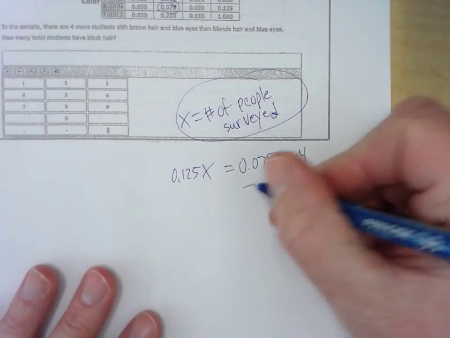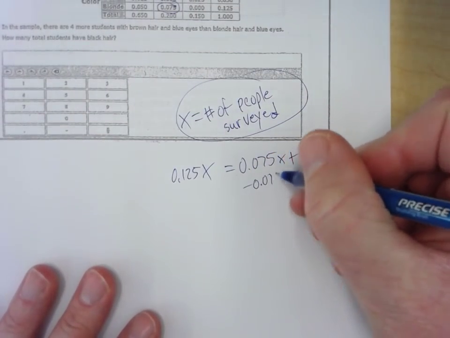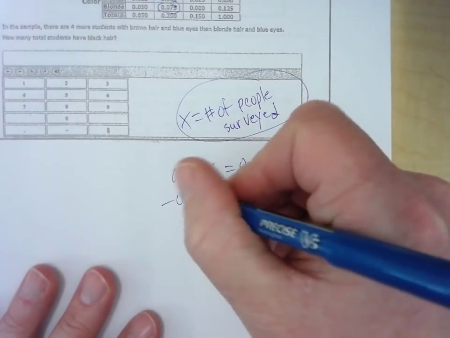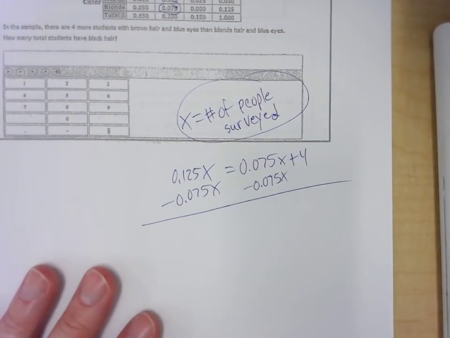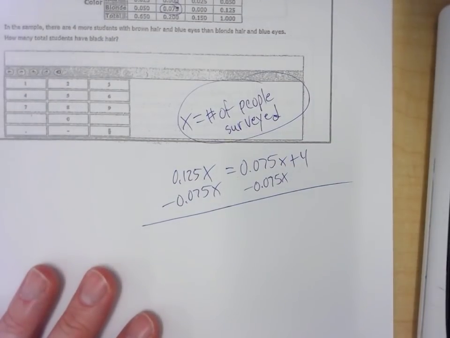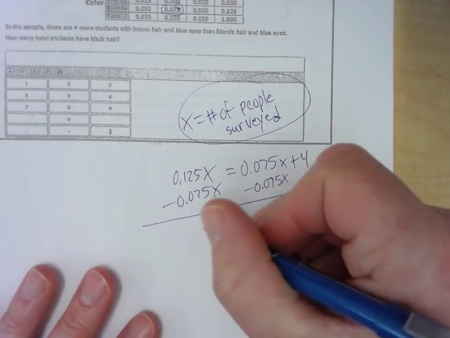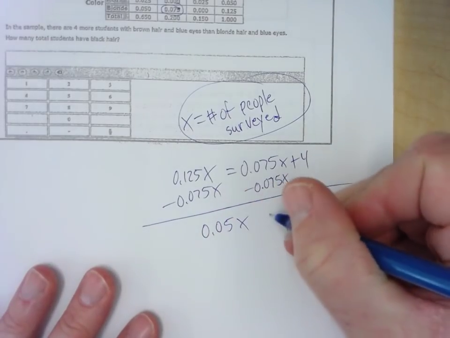Okay, now we just solve. So we're going to subtract over 0.075. Subtract over 0.075. And that gives me 0.05x is equal to 4.